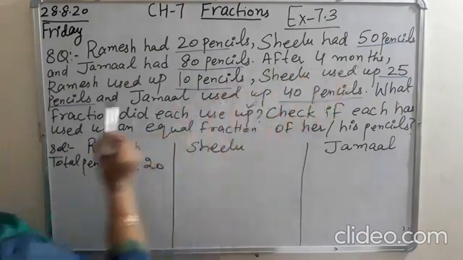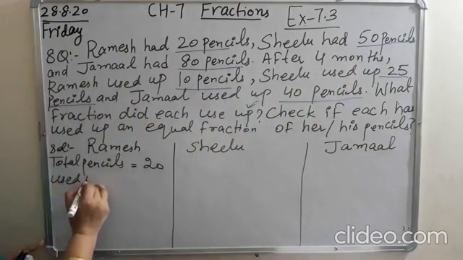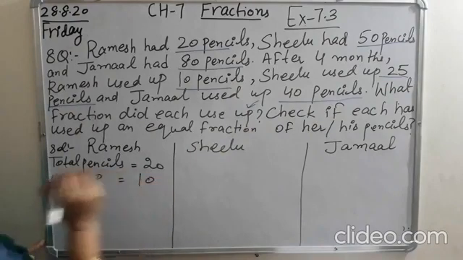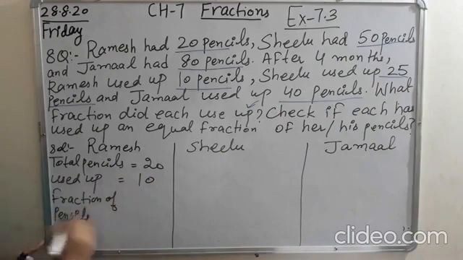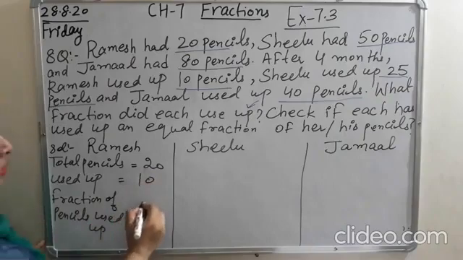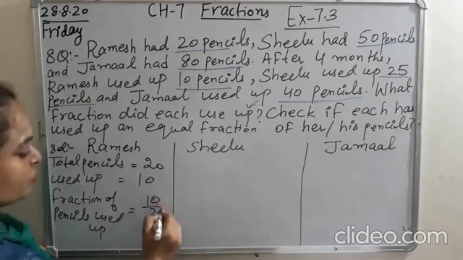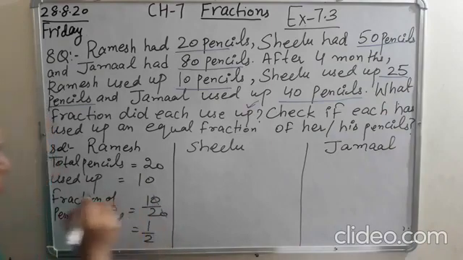After 4 months, Ramesh used up 10. So the fraction of pencils used up is equal to 10 by 20, and after cancellation you will get 1 by 2.